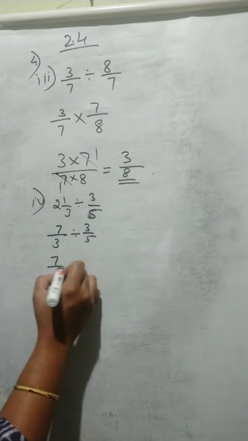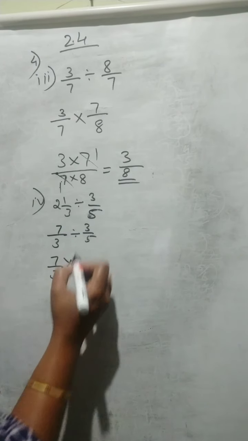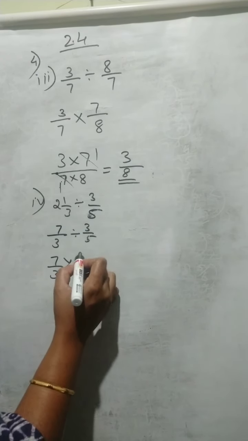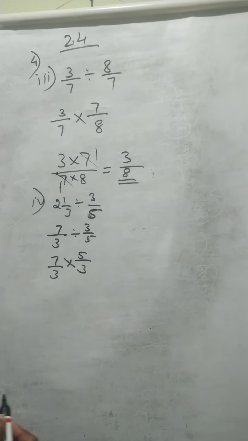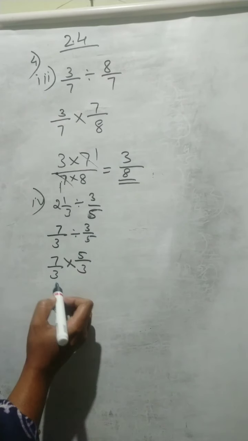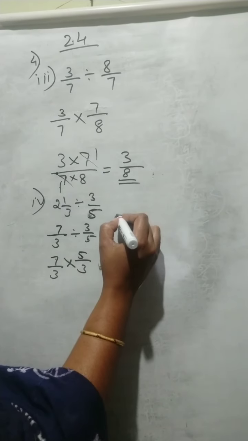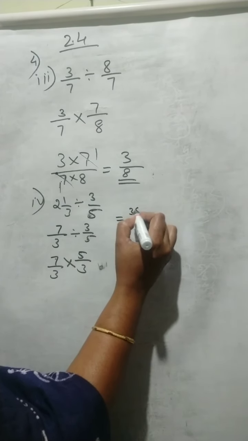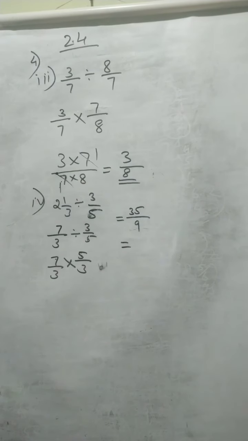So 7 on 3 multiplied by the reciprocal of 3 on 5. That will be 5 on 3. Okay. So find the reciprocal of the divisor. So next step is 7 times 5, which is equal to 35. 35 on 9. Then how many 9s are there in 35?